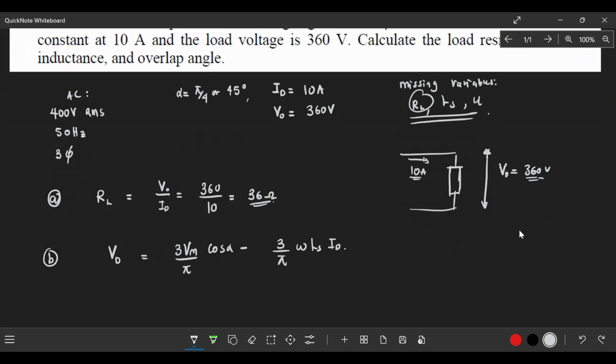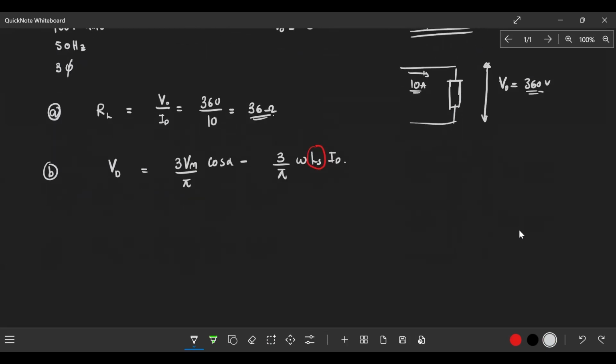Since we need to find LS, we have to use the first one. LS is the variable we're looking for. We have ID, we have everything as you can see here. So let us find the LS.